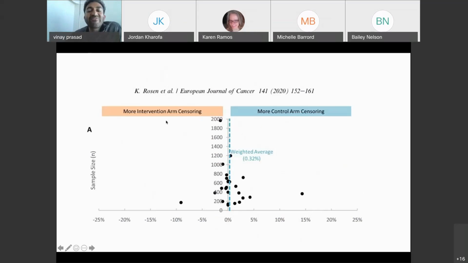Why do you think there are slightly more censored people in the control arm than the treatment arm early on in a randomized trial of a cancer drug? Any guesses? On average, if you randomize people to a new treatment drug versus placebo or old treatment drug, more people will be censored in the old treatment drug arm. What's your guess? Why?